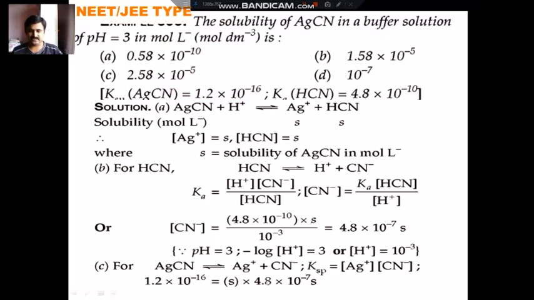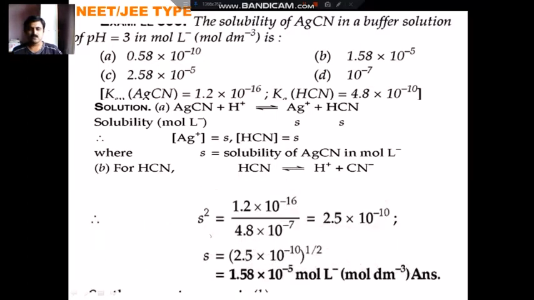For silver cyanide, taking the AgCN Ksp value in the question as 1.2 into 10 power minus 16, the expression becomes: the solubility product is S square, which equals 2.5 into 10 power minus 10. Why?